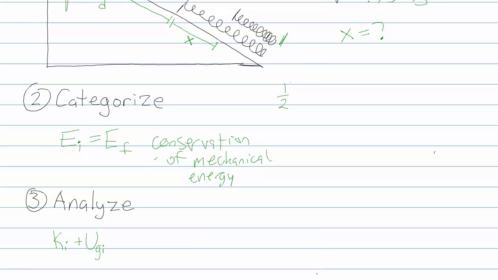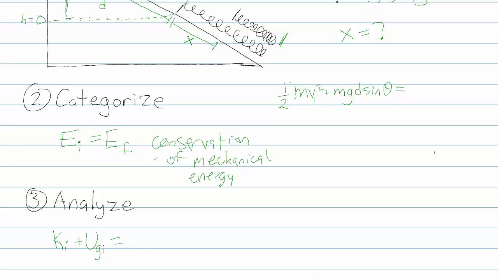At this point we have to be careful. Let's define our 0 point. And for reasons that hopefully become clear, I'm going to say our 0 point is at the point where we make contact with the spring. So this is going to be height equals 0, the uncompressed height of the spring.